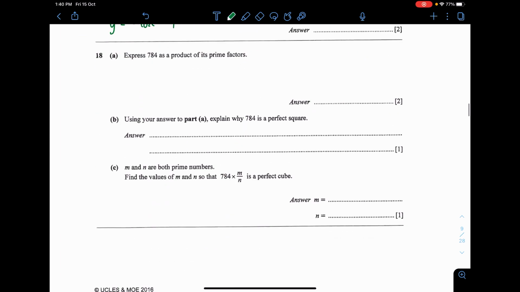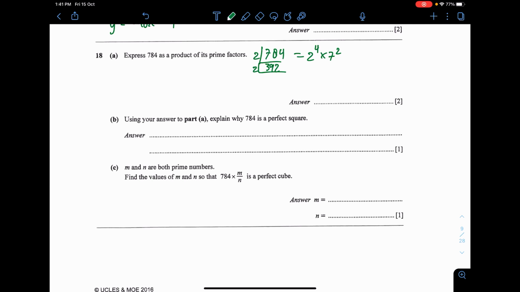Next, prime number. 784. This is going to be long if you're doing it this way, but well, 784 divided by 2, again. I believe all of you know how to do this. So I'm going to skip that tedious method. 2 power of 4 times 7 square.